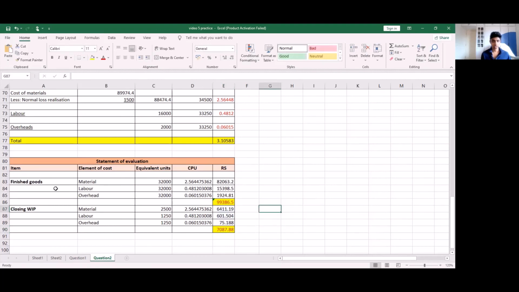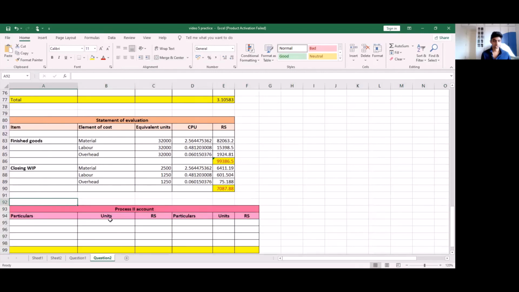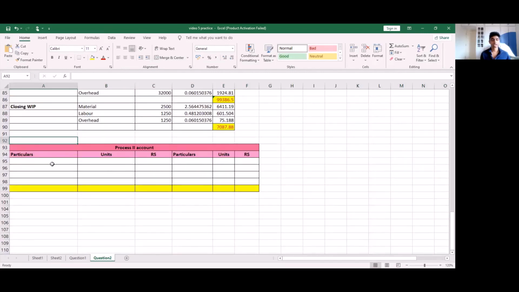Once this is done, we can move on to our last account, which is our process account for process 2. So here we have our process 2 account. Again, we have no opening work in progress, so we will not write to opening work in progress. Our first particular will be raw materials introduced. Our raw materials introduced for process 2 will be the finished goods of process 1.